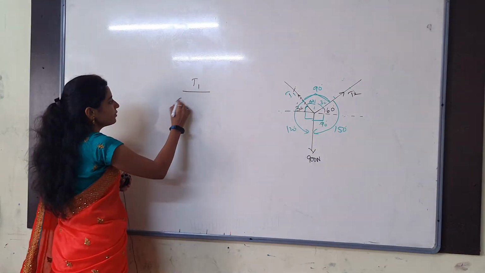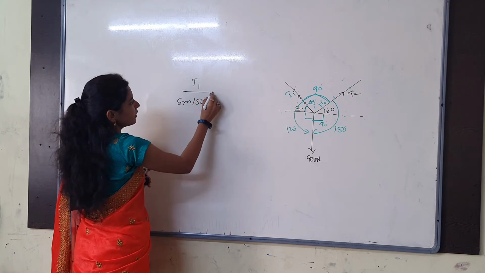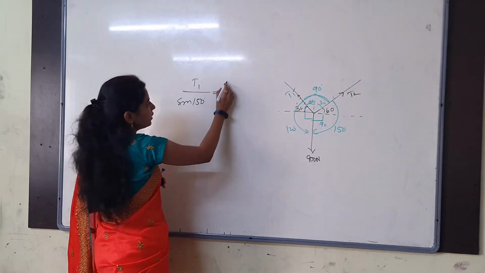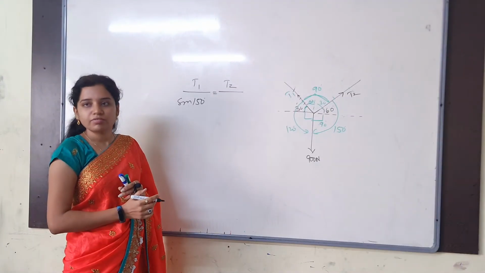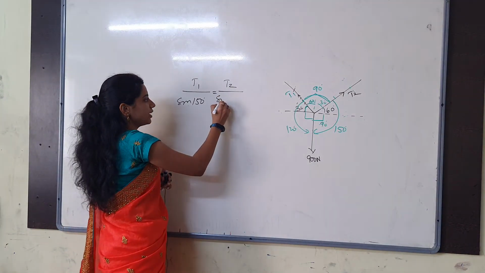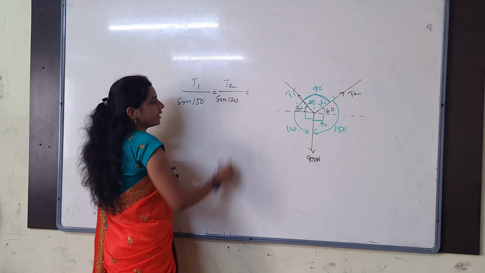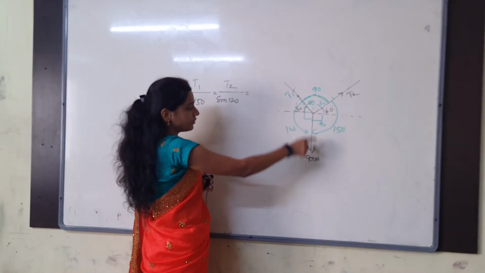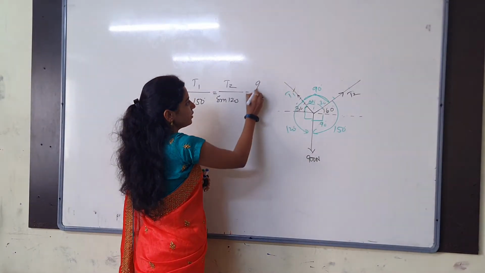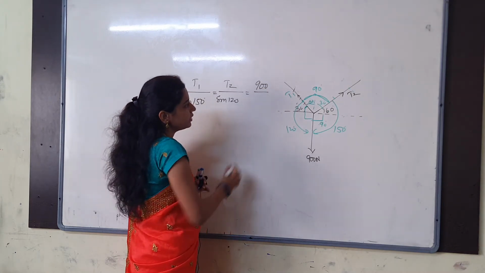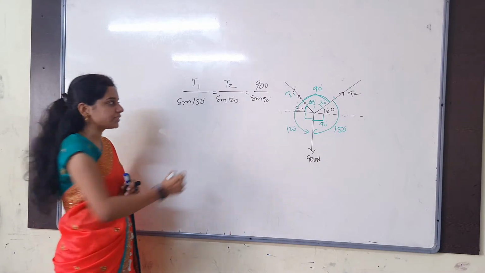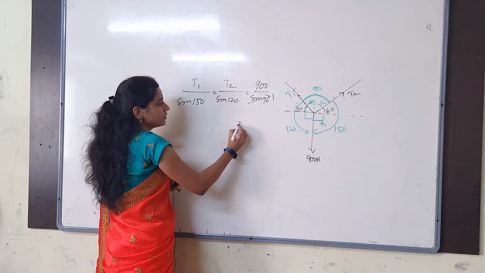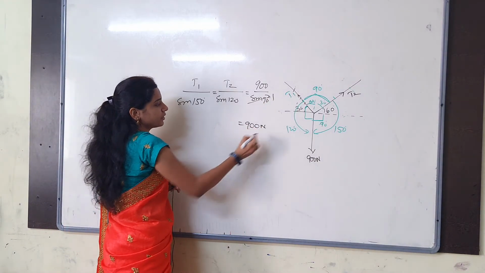So sine 150 is equal to T2, the force, divided by the opposite angle 120 degrees, that is sine 120. Then T3 is force 3, which is 900 newtons, divided by sine 90. Understand clearly? Then sine 90 becomes how much? 1. So here it is 900 newtons.